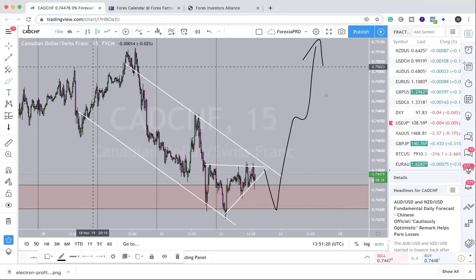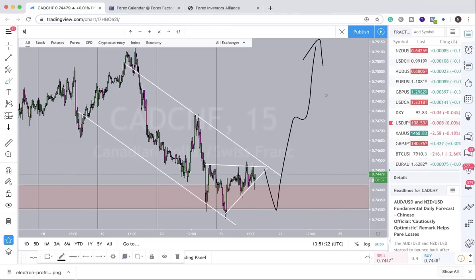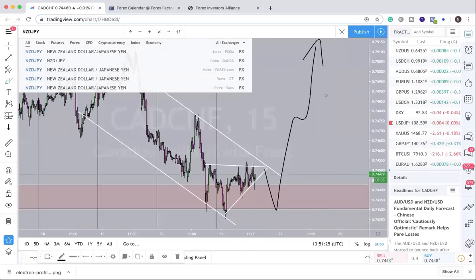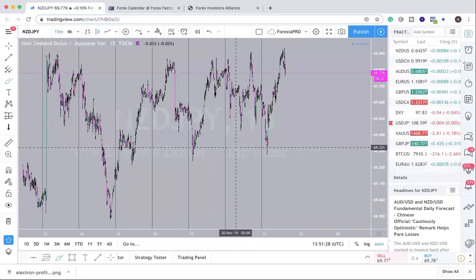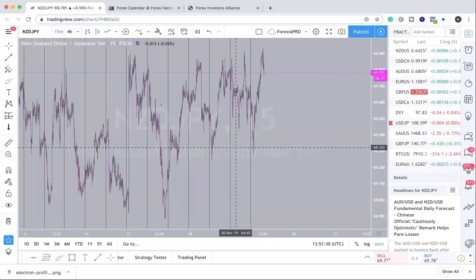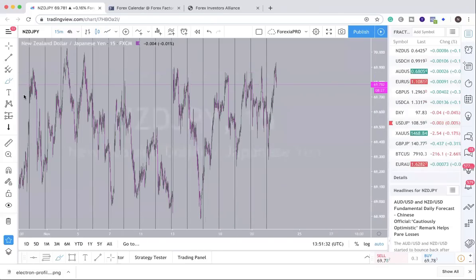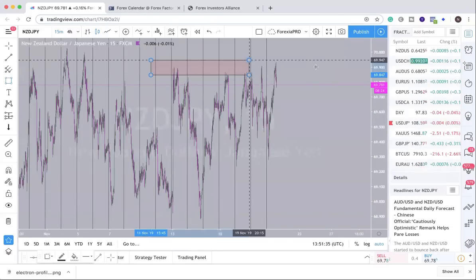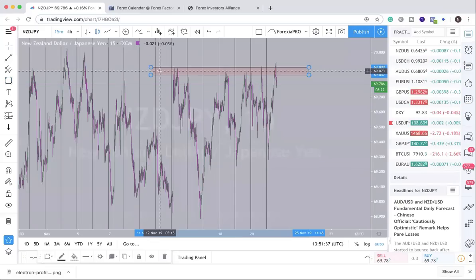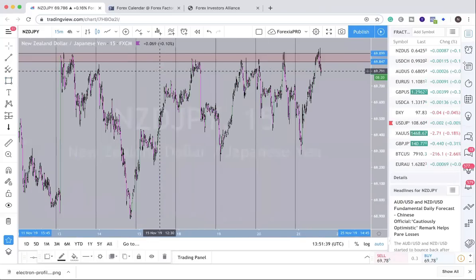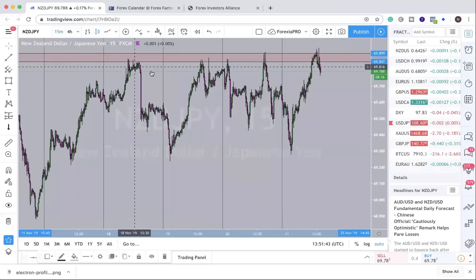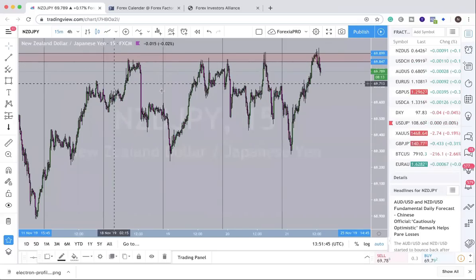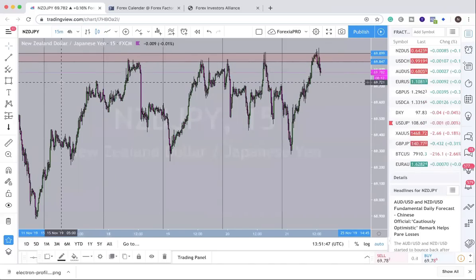All right, NZD-JPY. Wow. NZD-JPY has been working off this same zone for literally the entire week.